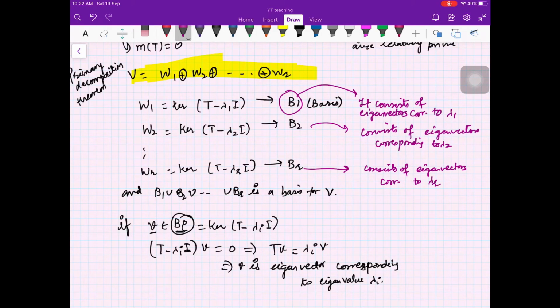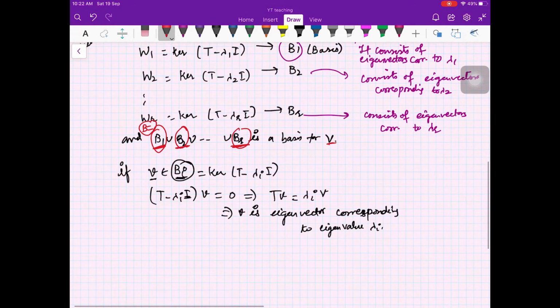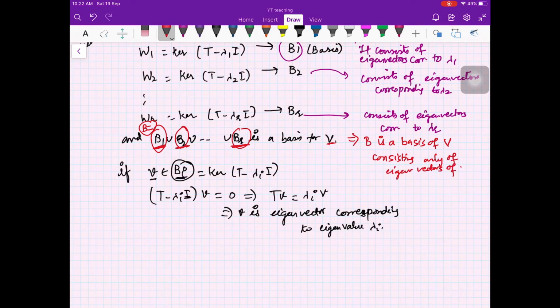Okay, so it means that here B1 union B2 union Br, call it B, is a basis for V. So this basis contains elements of B1, elements of B2, elements of Br, and all these are eigenvectors of T. It means that all these things imply B is a basis of V consisting only of eigenvectors of T. So the moment you have a basis which consists only of the eigenvectors of T, you can conclude that T is diagonalizable.